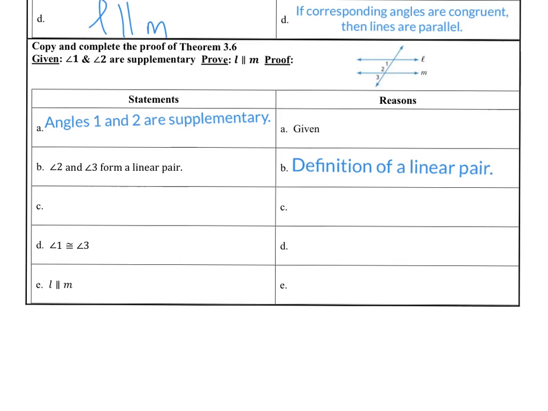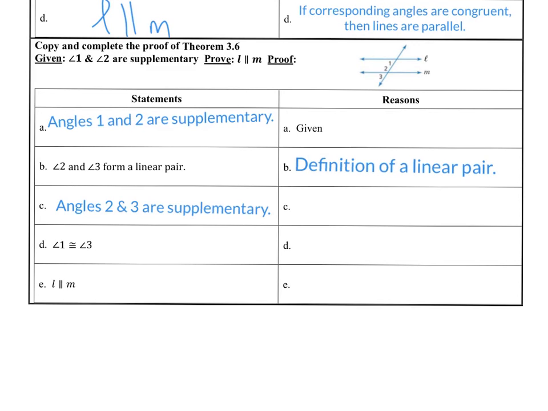So if we know that angles 2 and 3 are a linear pair, then what else do we know about a linear pair? We know that they're supplementary. And so how do you know they're supplementary? Well, that's just kind of by definition, right? So any angles in a linear pair are supplementary by definition. So once again, our reasons are just a couple of definitions. It doesn't have to be more complicated than that is the point I'm trying to get at here.